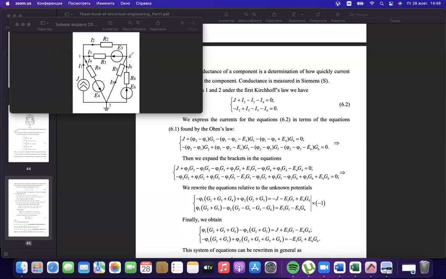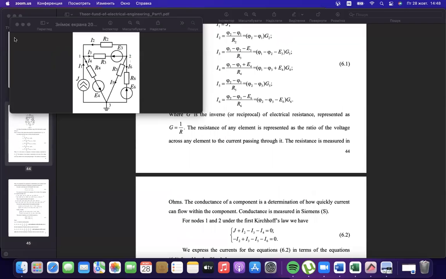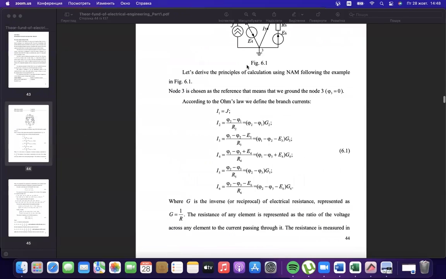If we have 3 nodes, there will be 2 equations. If we have 5 nodes, 4 equations. If we have 10 nodes, we will have 9 equations. That is the rule. Then, after we write these current equations, we will substitute the values of the currents. Let's see.